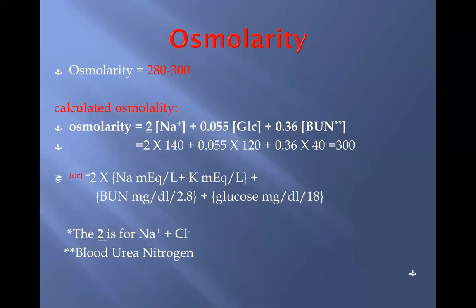That is to say, these numbers, this one and this one, are just to convert the unit of glucose from milligram to millimole, and here also from milligram to millimole. While the 2 reflects the presence of two ions at the same time with sodium, which is the sodium and chloride. So multiply by 2.